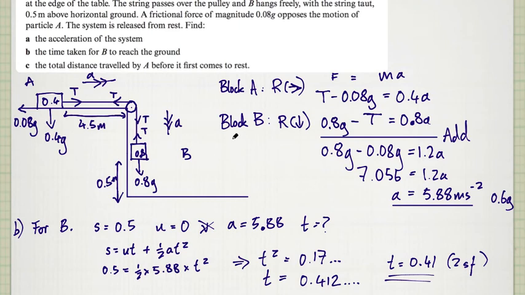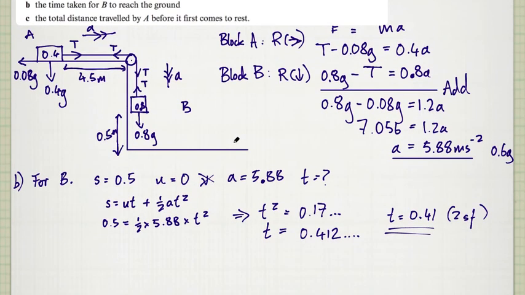So if we think about A then, for A, it moves 0.5 meters until B hits the floor.